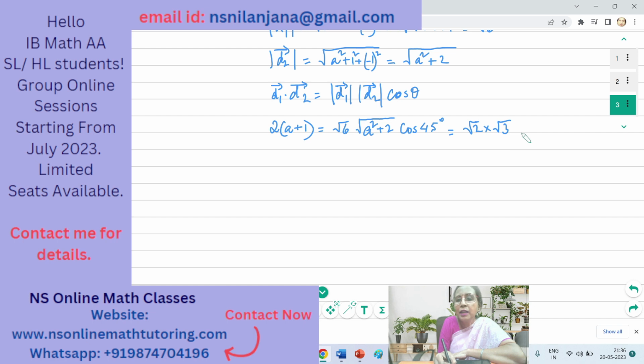You don't do the rationalization every time, because if you don't do that, you may be in a better position. So this will be 1 over root 2 and these two will be getting cancelled. Okay. So that is why I had said that don't go for rationalization every time.